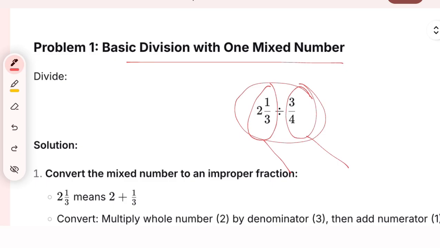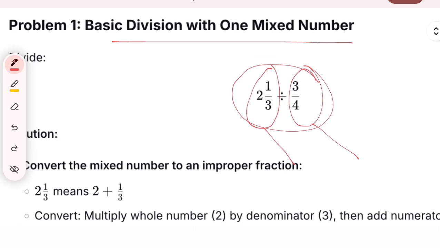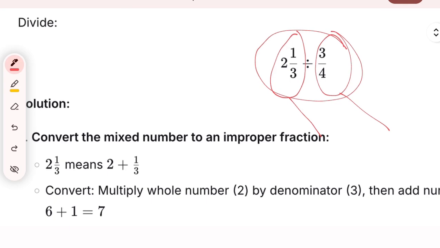So the rule is to change the mixed number into an improper fraction. So how would you change 2 and 1/3 into an improper fraction? Here's a trick.